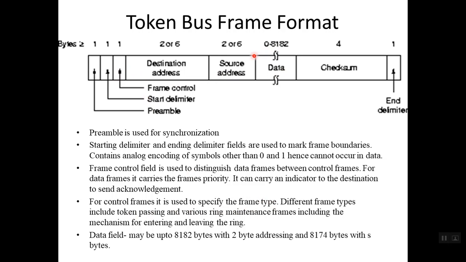Okay, data field. The destination address and source address we have already discussed as in 802.3. Destination address and source address can be 2 bytes or 6 bytes.